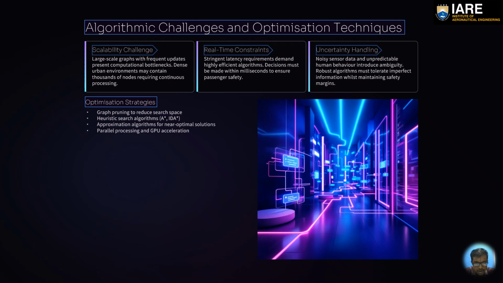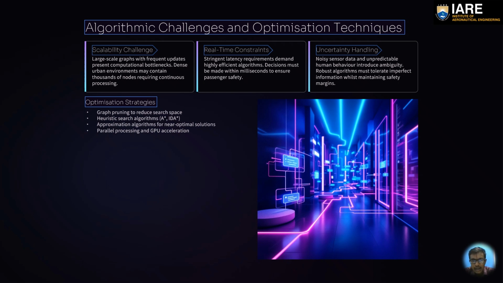Dense urban environments may contain thousands of nodes, or more than 1,000 nodes requiring continuous processing. And real-time constraints. Stringent latency requirements demand highly effective algorithms. Decisions must be made within milliseconds to ensure passenger safety.